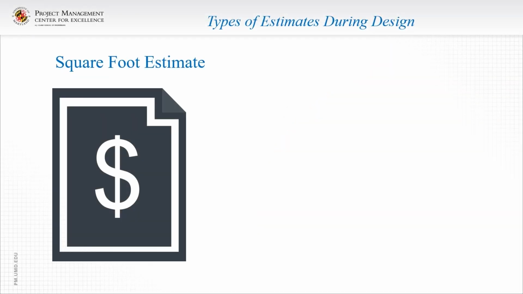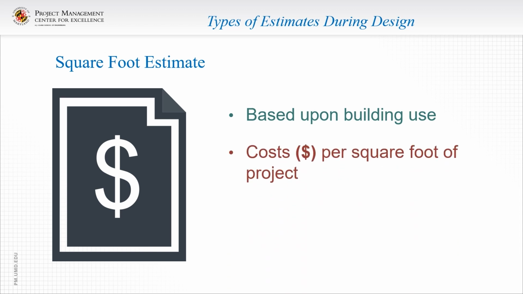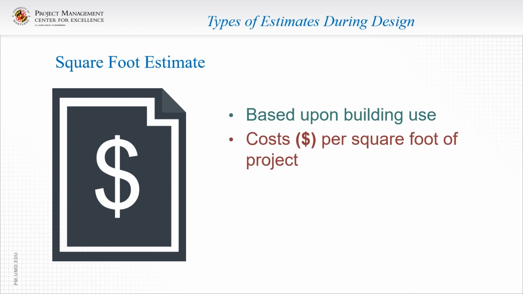Now, let's say a little information about square foot estimates. Once a design has reached the early schematic stage, it will start to produce floor plans, elevations, and building sections. This information makes possible the calculation of floor areas or building volumes, which can then be multiplied by appropriate unit costs to produce a square foot or, on rare occasion, a cubic foot estimate.